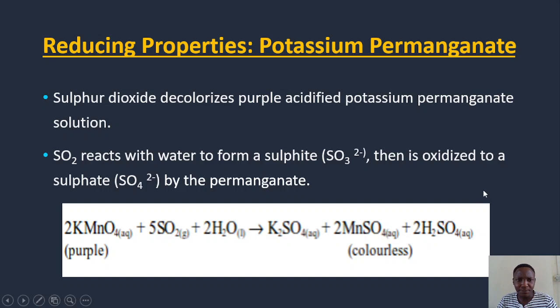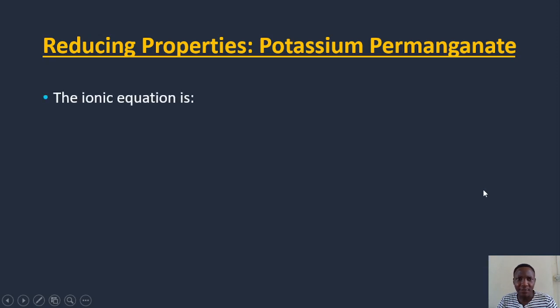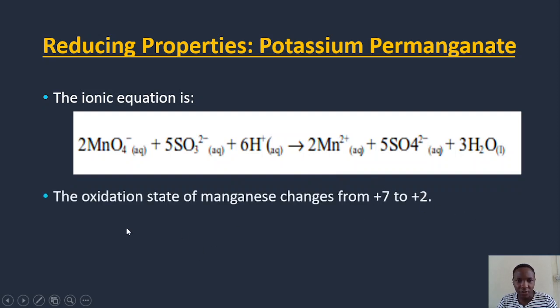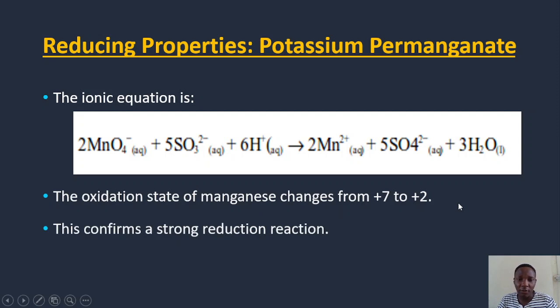Moving on, this is the ionic equation of the reaction that occurred previously. The oxidation state of manganese changes from +7 to +2. This confirms that it's a strong reduction reaction. So that's the reducing property with potassium permanganate.